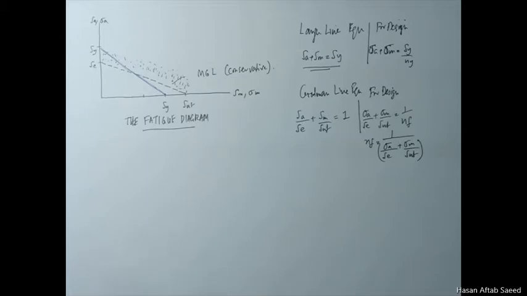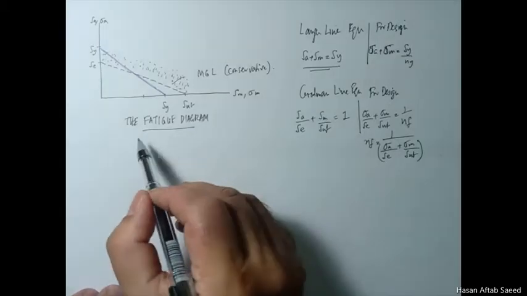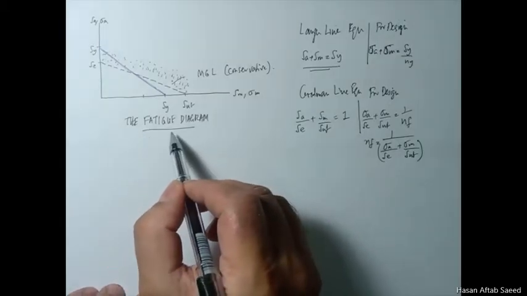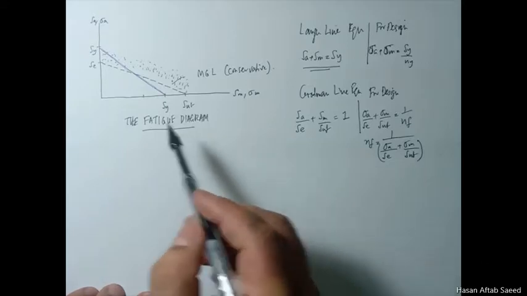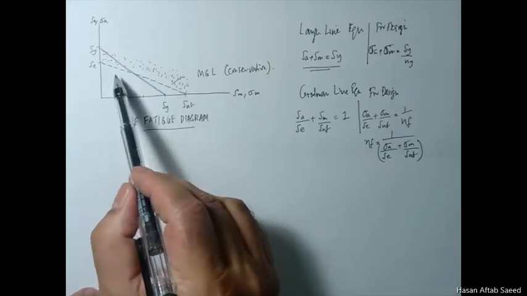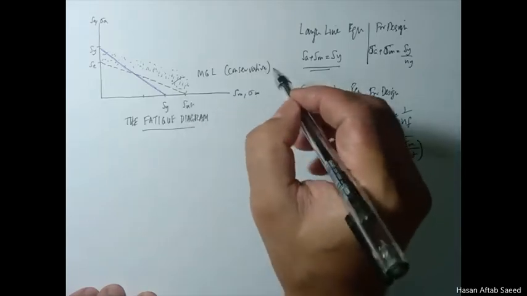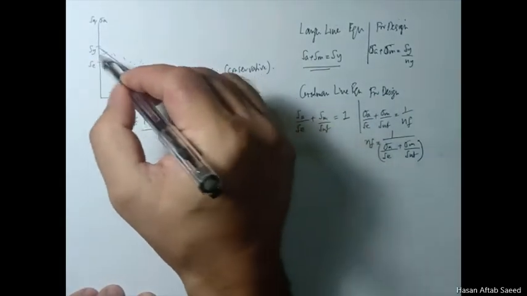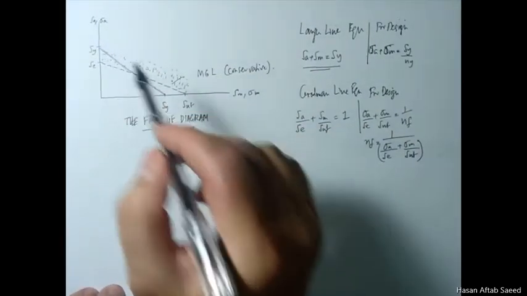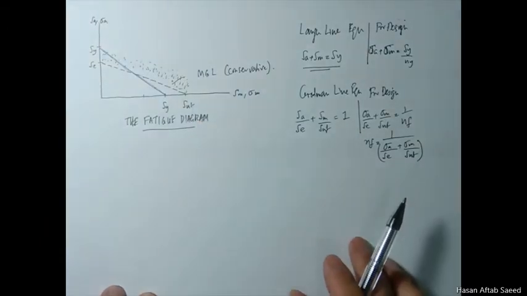While considering the case of fluctuating loads, we have seen in our last class lectures the fatigue diagram, and there we focused on two lines basically. One is the modified Goodman line, which checks fatigue, and the other one is the Langer line shown in blue here, which checks yielding.